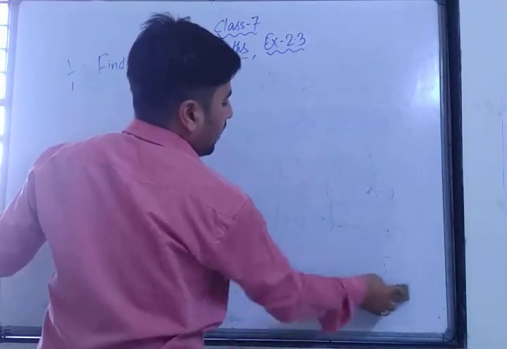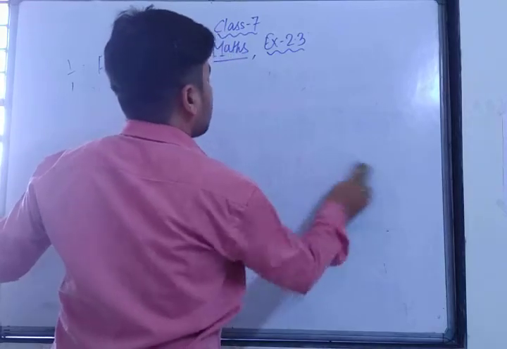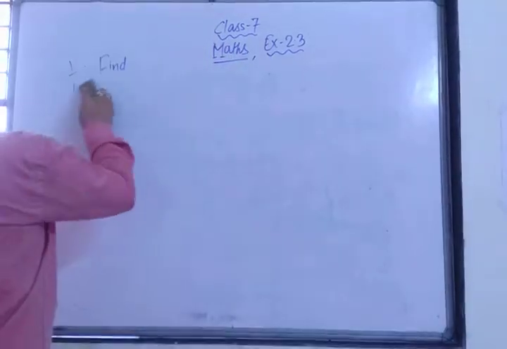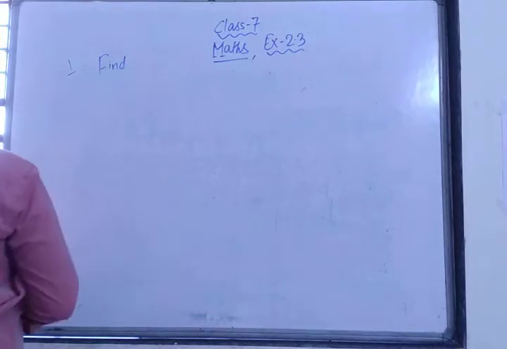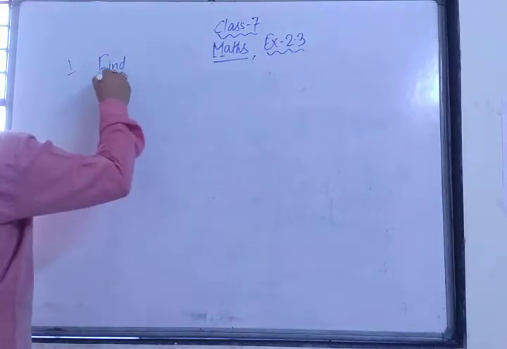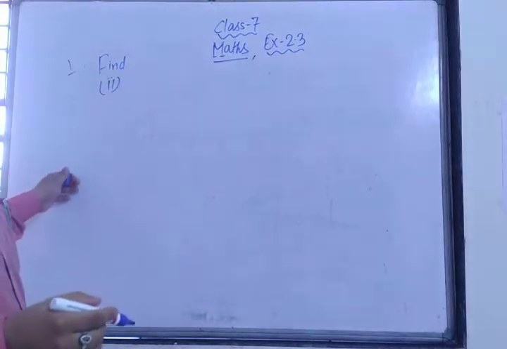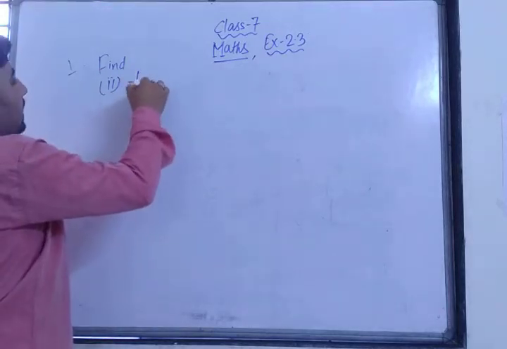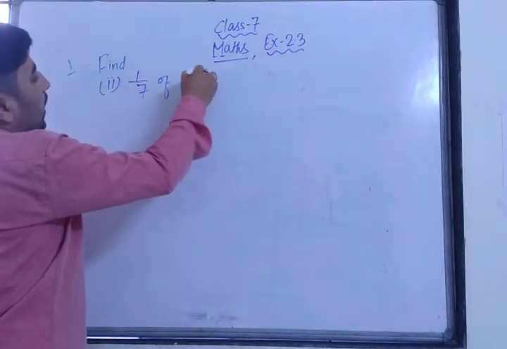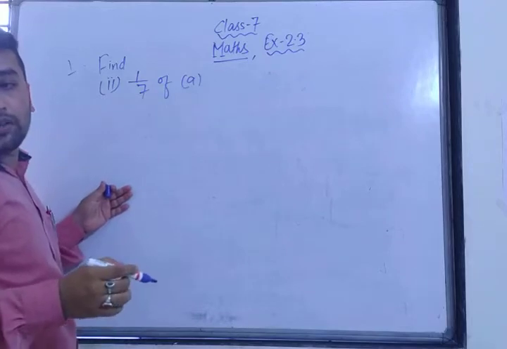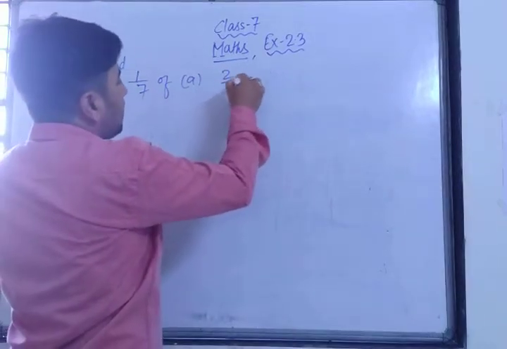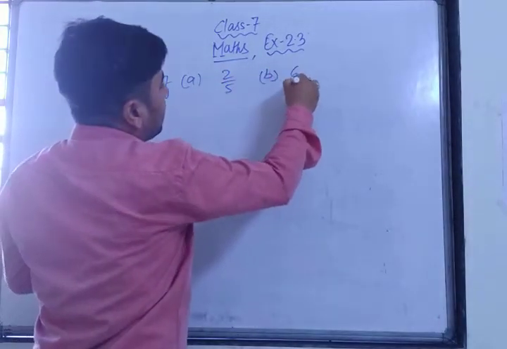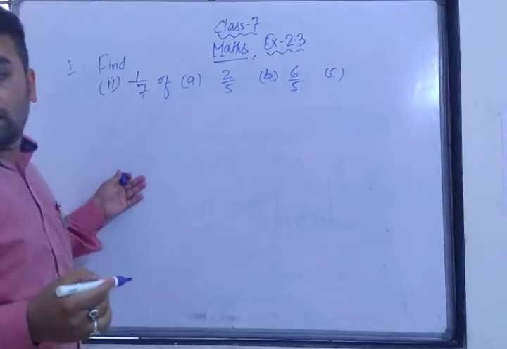Got it? So let's start the second part A. Question number 1 is 1 by 7 of. Option A is 2 by 5, B is 6 by 5, and C is 3 by 10.